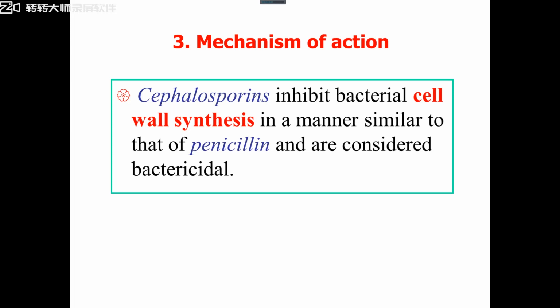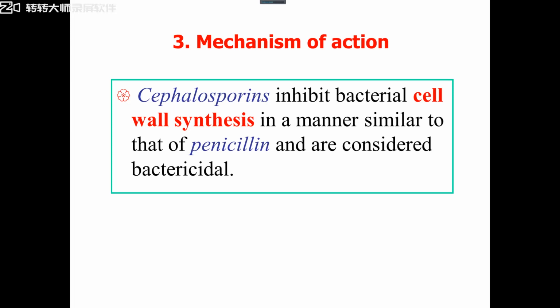Inhibit cell wall synthesis. Cephalosporins can inhibit bacterial cell wall synthesis in a manner similar to that of penicillins and are considered bactericidal agents. So in fact, cephalosporins and penicillin are the same kind. They are beta-lactams because they share the same mechanism.